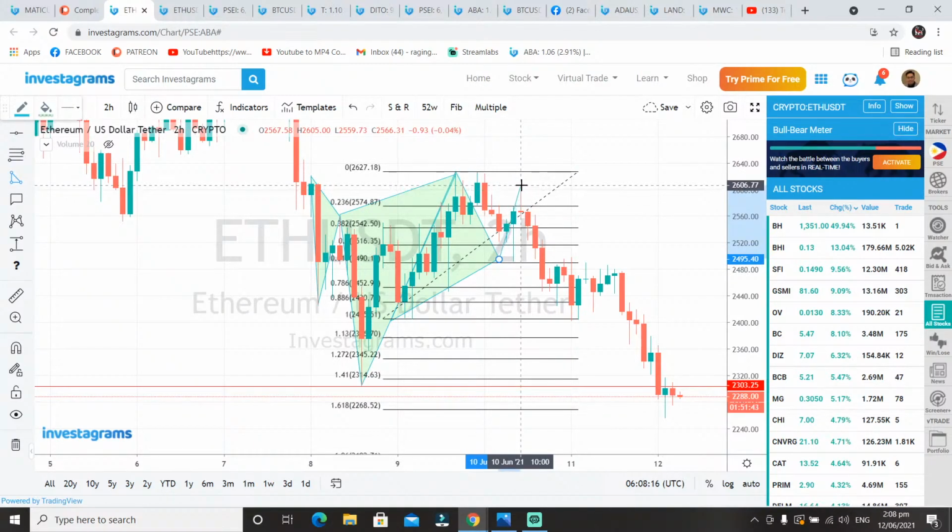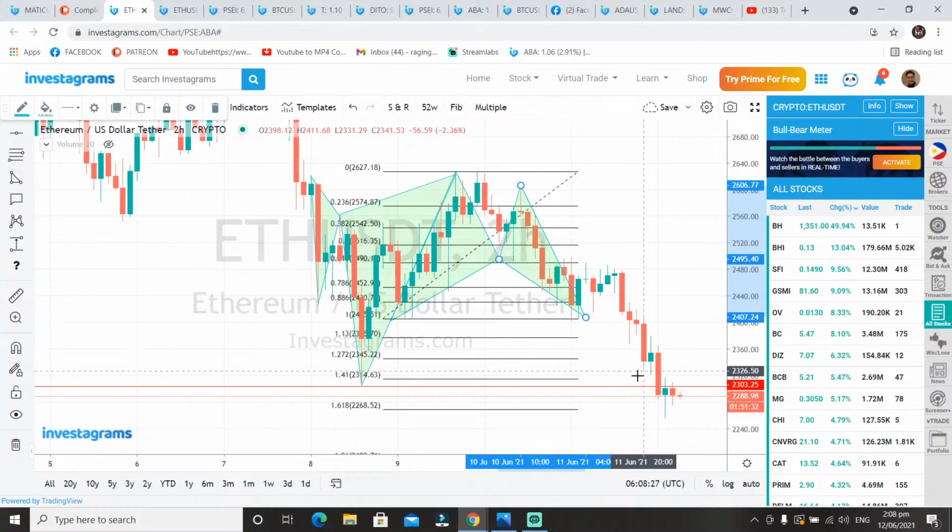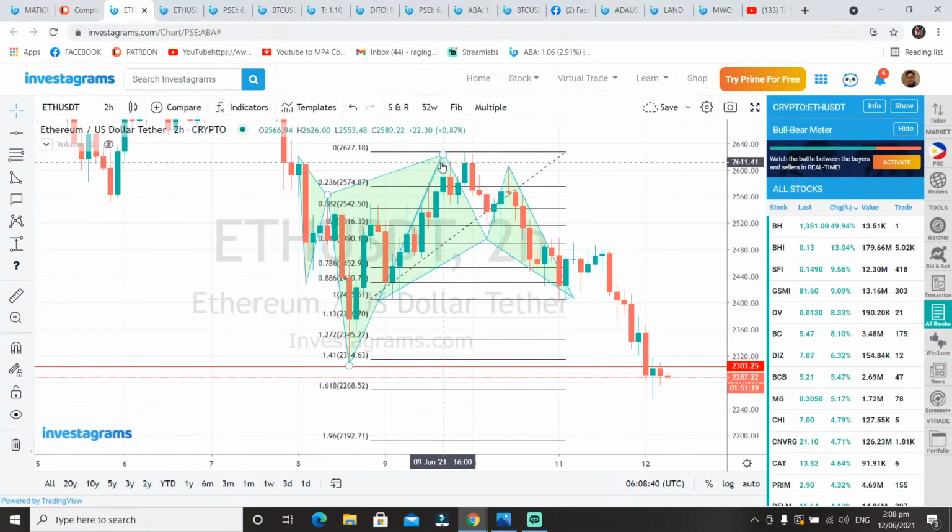Then at least 88% for this one. So this is another pattern that's already valid, and it would go even lower. As you can see, if you use this, you enter here and sell here, then enter here, and if you're looking for where to set your target profit as it forms another pattern, you would have an idea.